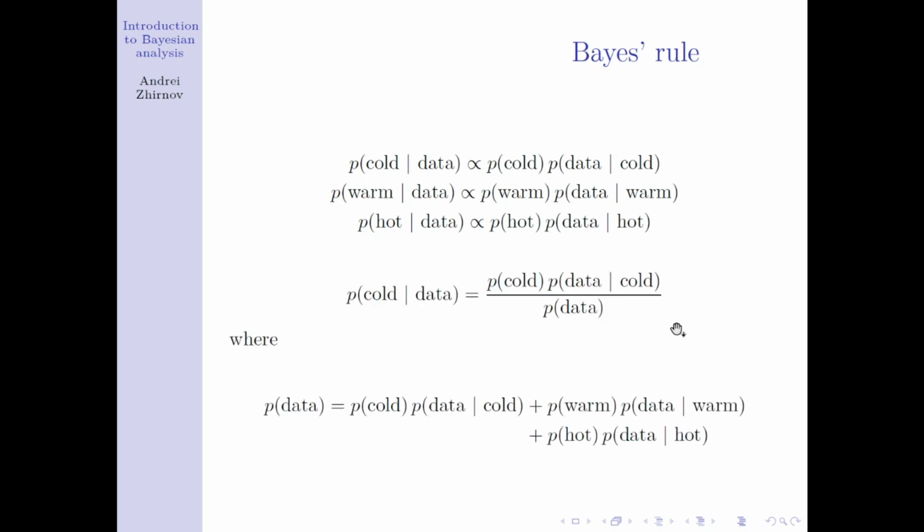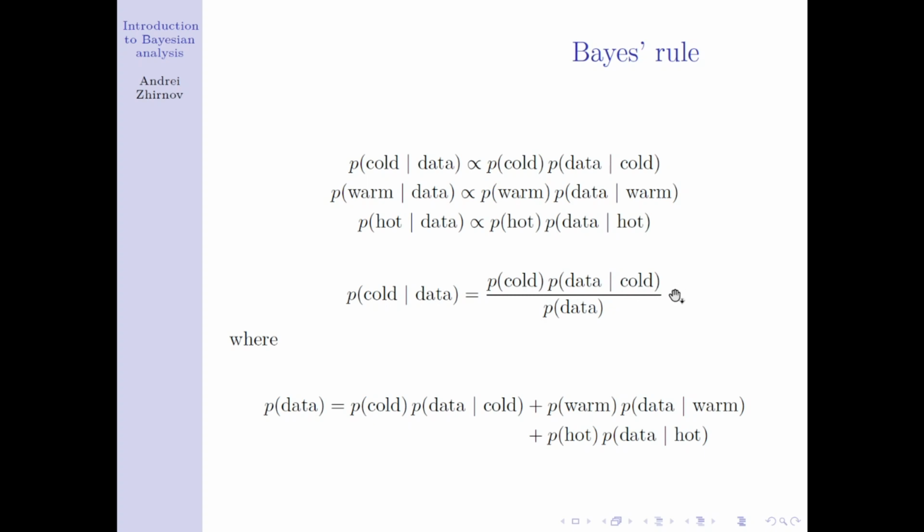And this is how we can do that. We can compute the products of the likelihood and the prior for each of the possible values of our parameter, sum them all together, and use that sum as the denominator. This denominator is used to adjust the product of the prior and the likelihood associated with the particular parameter value.